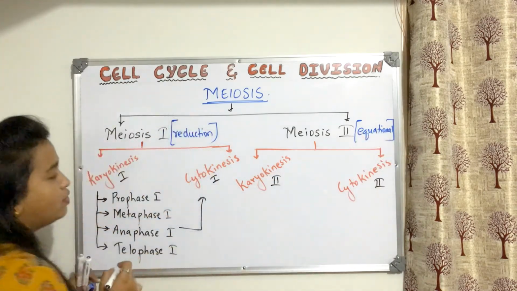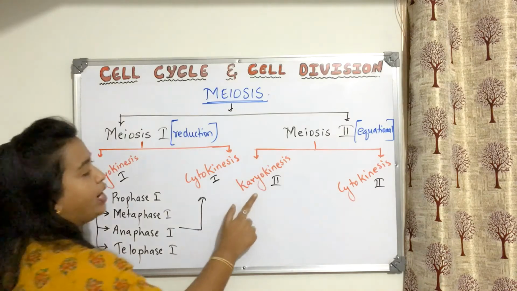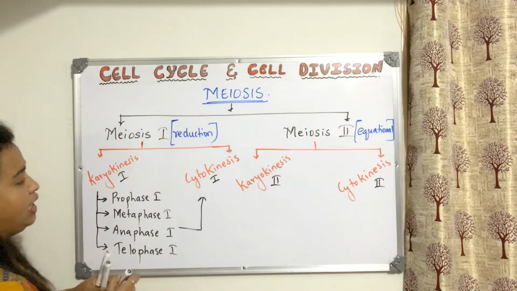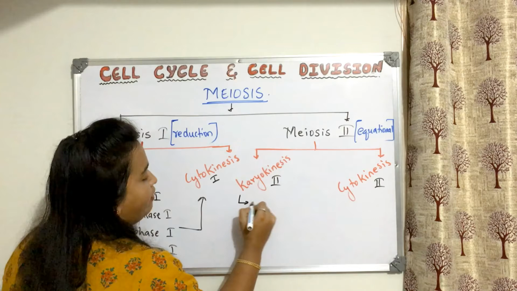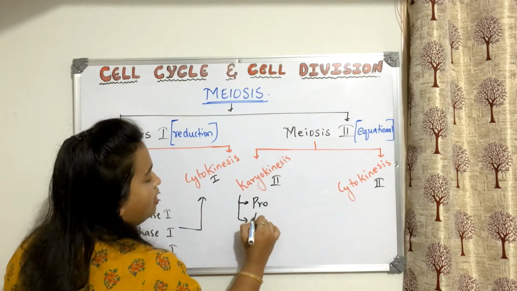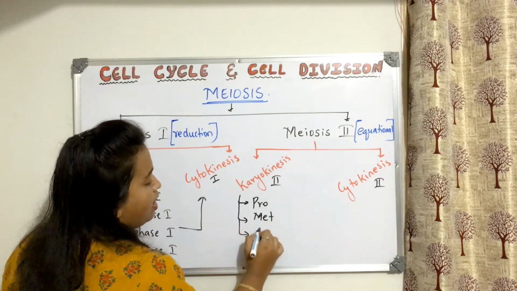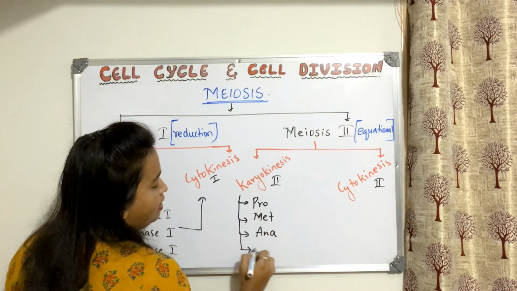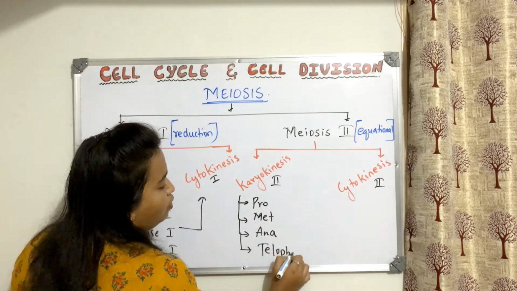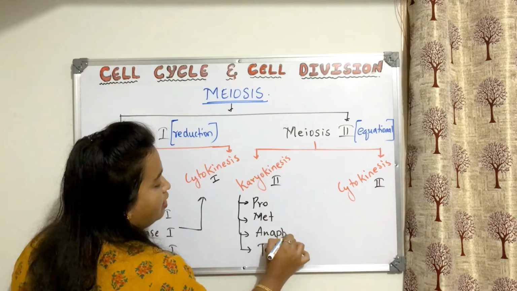So again, what about karyokinesis 2? In karyokinesis 2 we again have prophase, metaphase, anaphase and telophase. But how to remember?